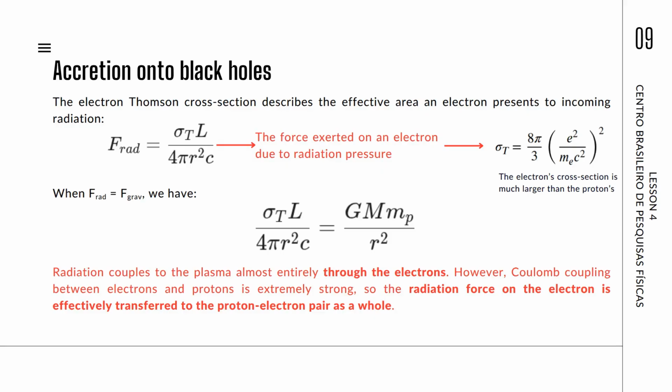Now, we have this pressure which will interact with particles which have a cross-section area. For electrons, the cross-section is the Thomson cross-section. Notice that the cross-section for particles can be written like this, and you see that if I put the mass of a proton here, the cross-section is much, much smaller. So the interaction of the radiation pressure with the particles falling into the black hole will happen mainly with the electrons.